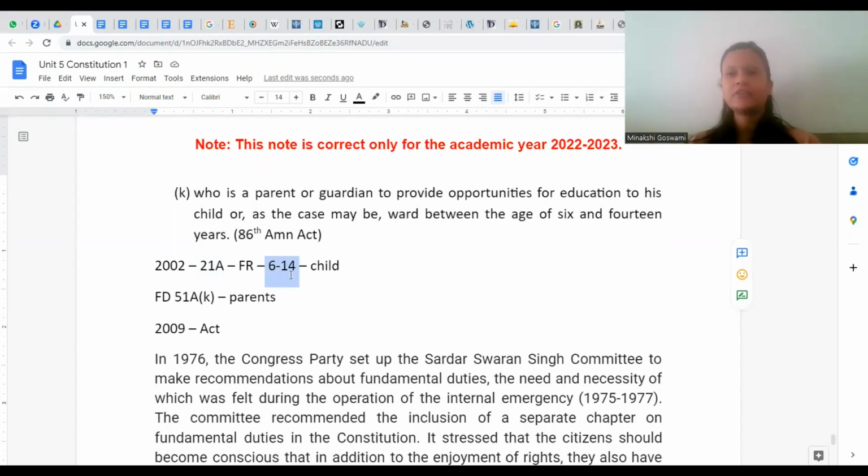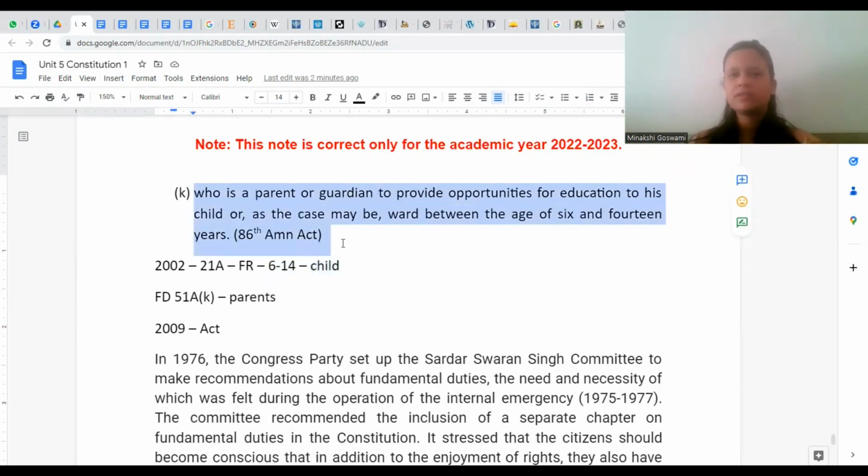Now simply saying that children would get free and compulsory education is not enough, because these kids are still small and might be dependent on someone. So first of all, it said that yes, children have a fundamental right, but also a duty is imposed on parents and guardians to provide opportunities to the kids.